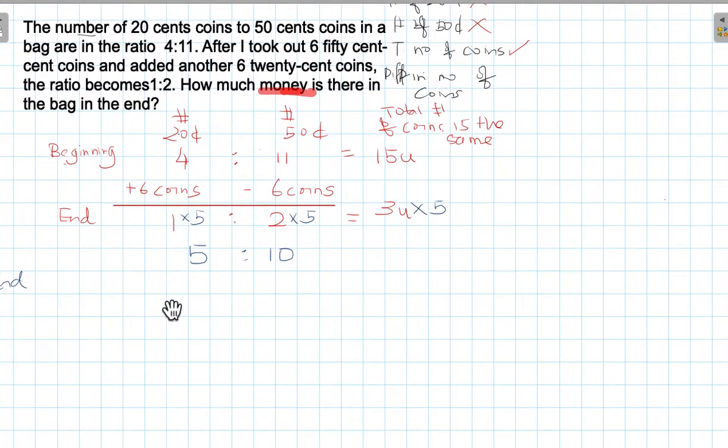Okay, so I know at the beginning for my 20 cent, and at the end for my 20 cent. At the beginning I have 4 units. Correct. And then at the end I will have 5 units.